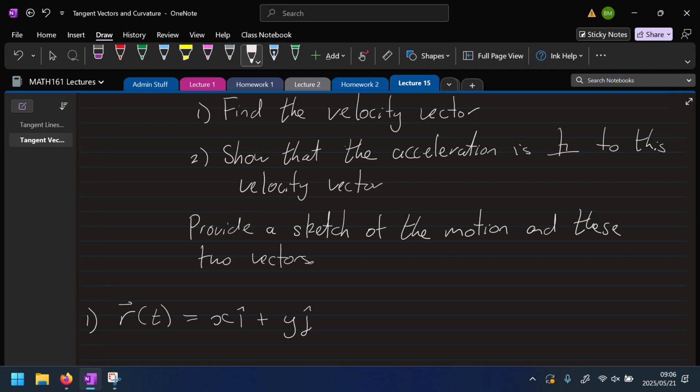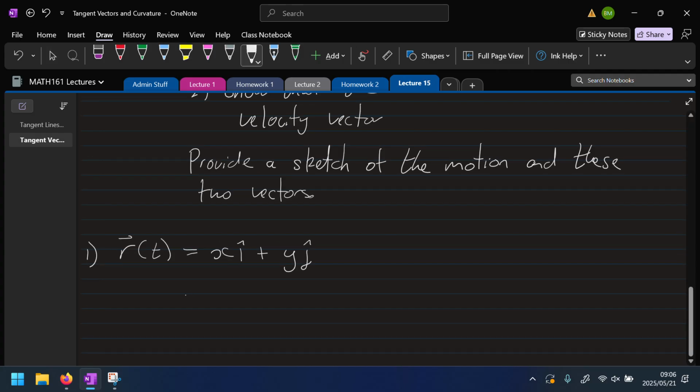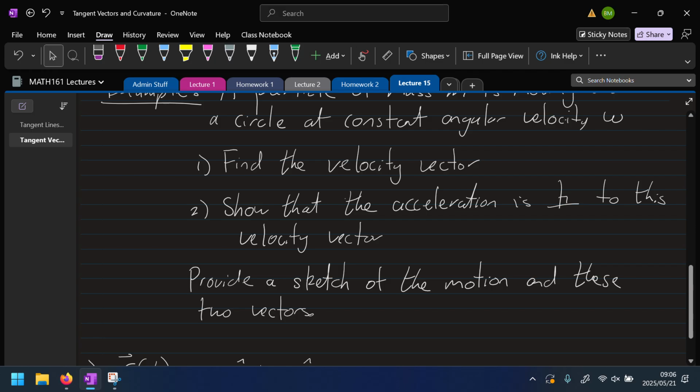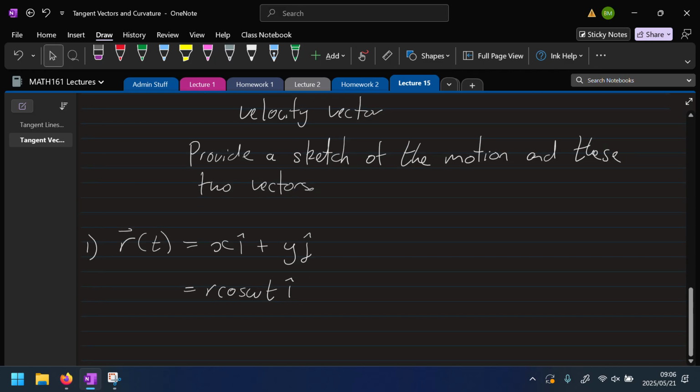Now, if it's going around a circle, we know what x and y are going to be. So x, that's going to be r cos omega t, because it's got constant angular velocity. So r cos omega t plus, and then for y, that will be sine. So r sine omega t j.